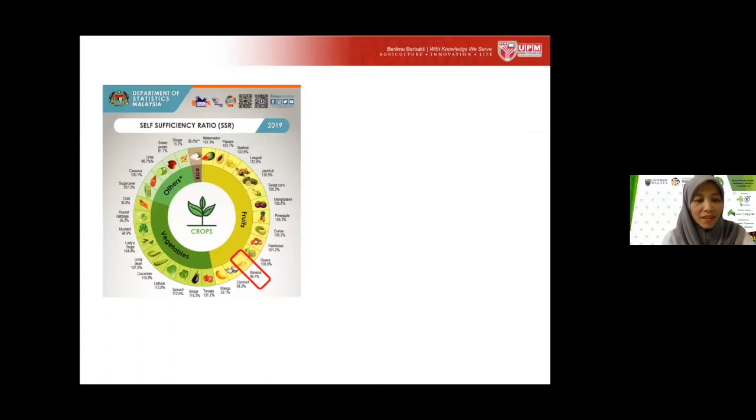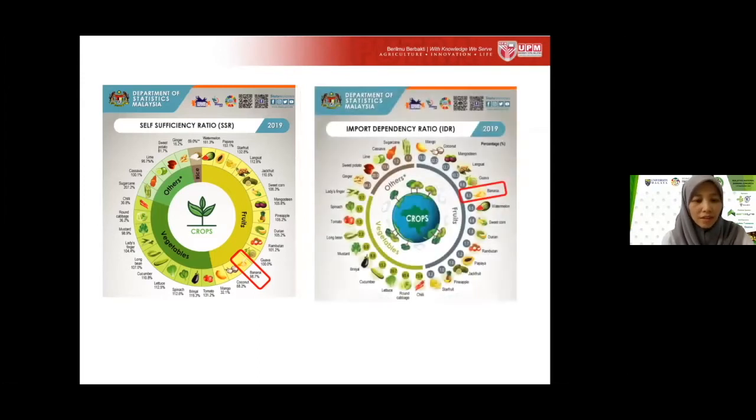Nevertheless, let's look at where we are now with banana production in Malaysia. Malaysia is doing quite well. In terms of SSR, we are at 98.7%. While we are self-sufficient in our banana production, we still import some bananas, primarily from the neighboring countries, the Philippines and Thailand.